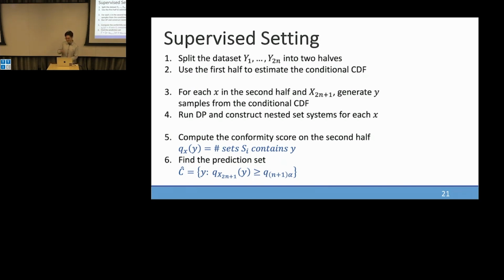Also, there is one direction we are trying to explore now. We see that in our algorithm, we actually do not require the conditional CDF explicitly. We only need to generate some samples from the conditional distribution. And this is something generative models are good at.